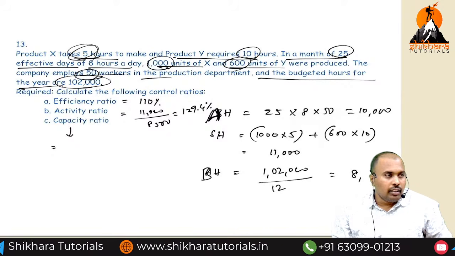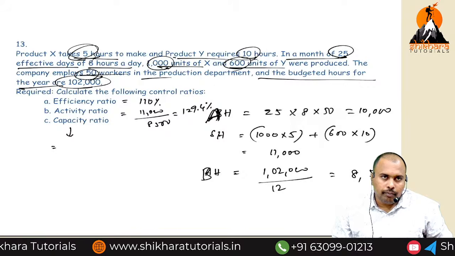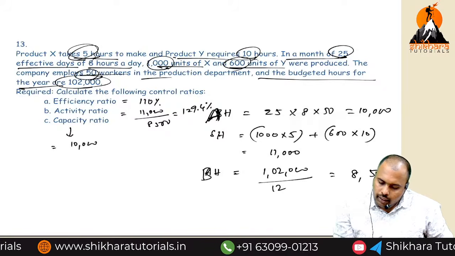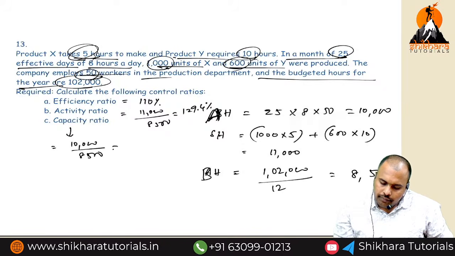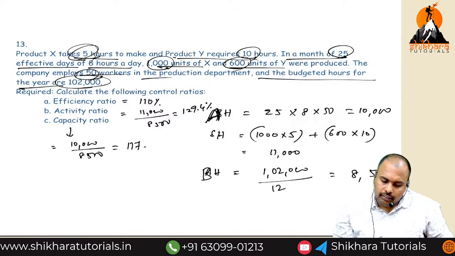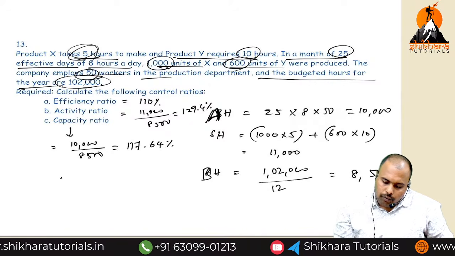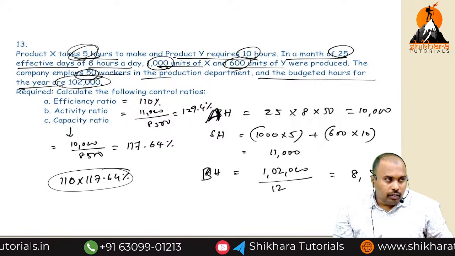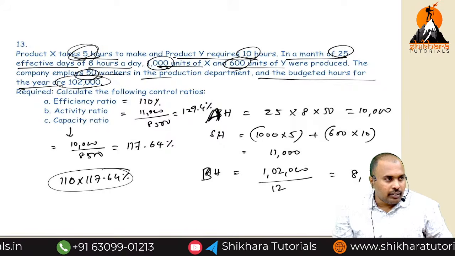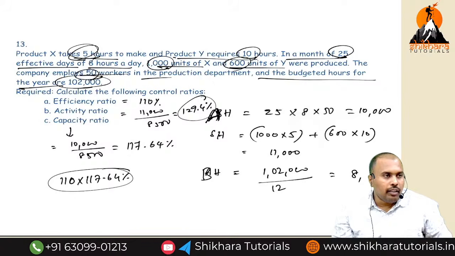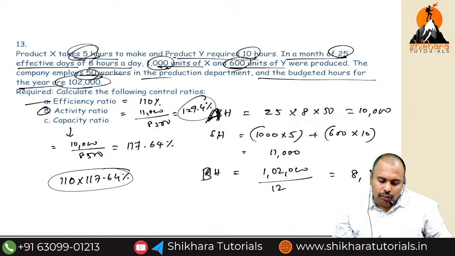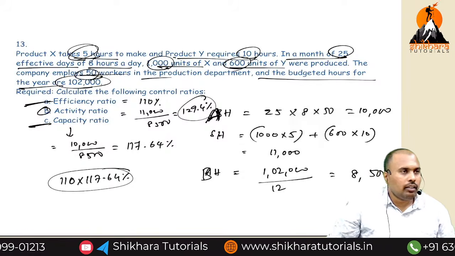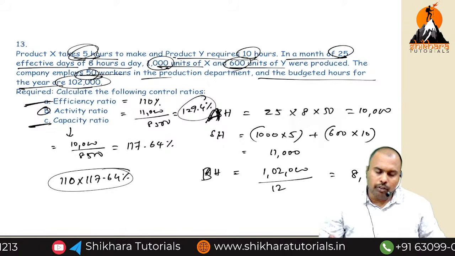Capacity ratio in the sense AH by BH, which is 10,000 divided by 8,500, 117.64%. What is 110% into 117.64%? 129.4%, because activity ratio should be equal to efficiency ratio into capacity ratio. Clear? Okay, so that's about standard costing.